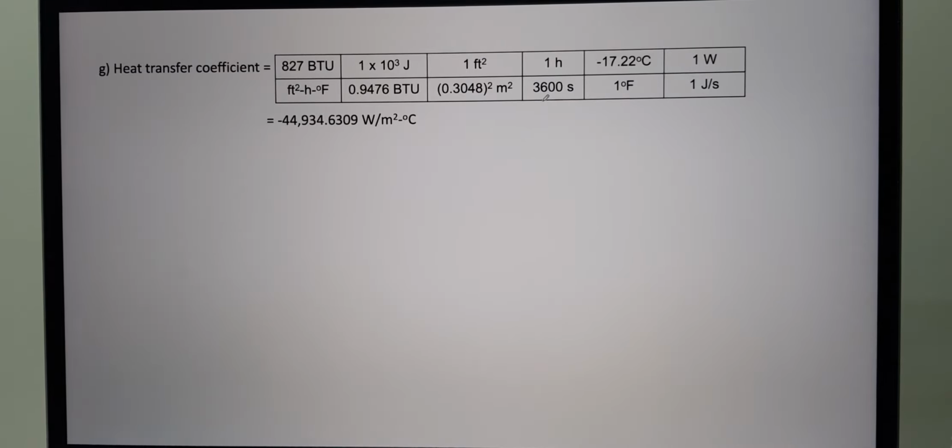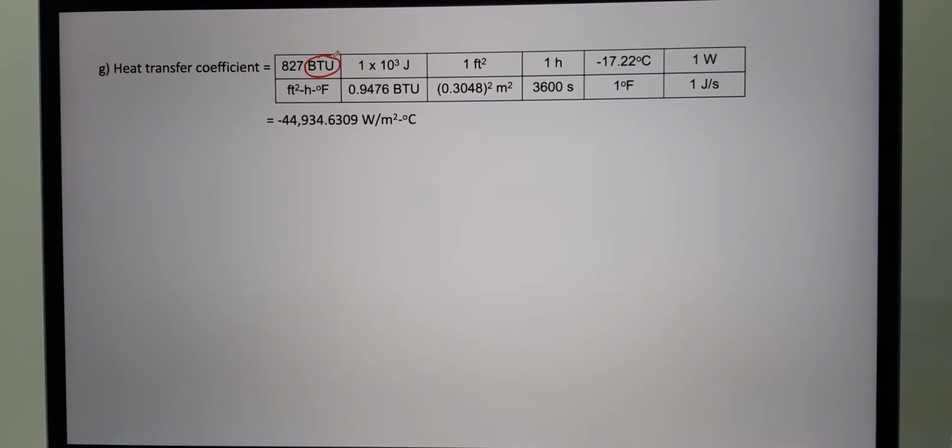Okay, so you have highlighted how to settle the problem of 1G. So for 1G, the first thing you need to do is write down the value, which is 827 BTU per feet square hour degree Fahrenheit. Alright, so the first thing you need to settle is you need to convert the BTU.